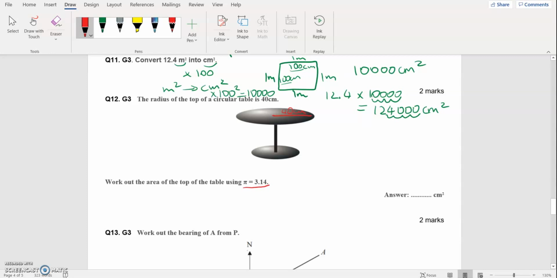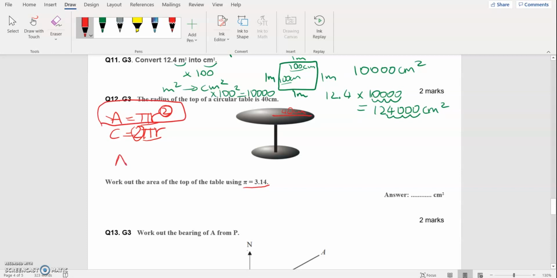So we have two formulas for a circle. We have the circumference and the area of a circle. Area is pi r squared and circumference is 2 pi r. So pi r is not changing, it's just the 2, whether you put it at the front or at the end. In this case, we're going to use the area formula.